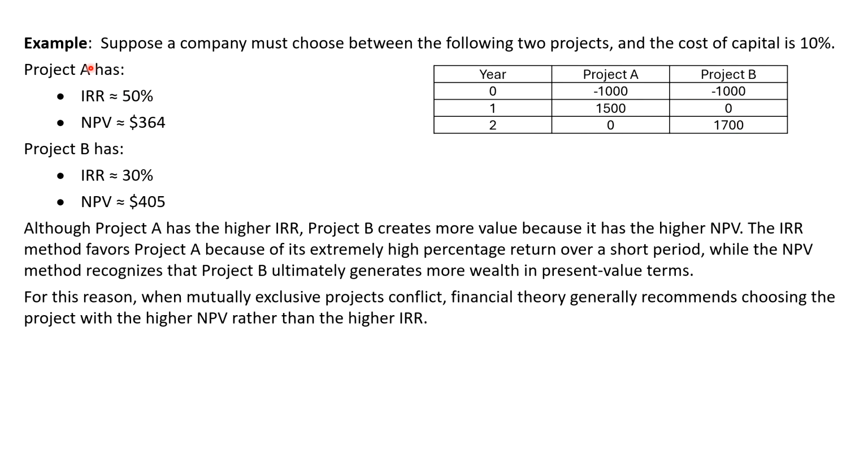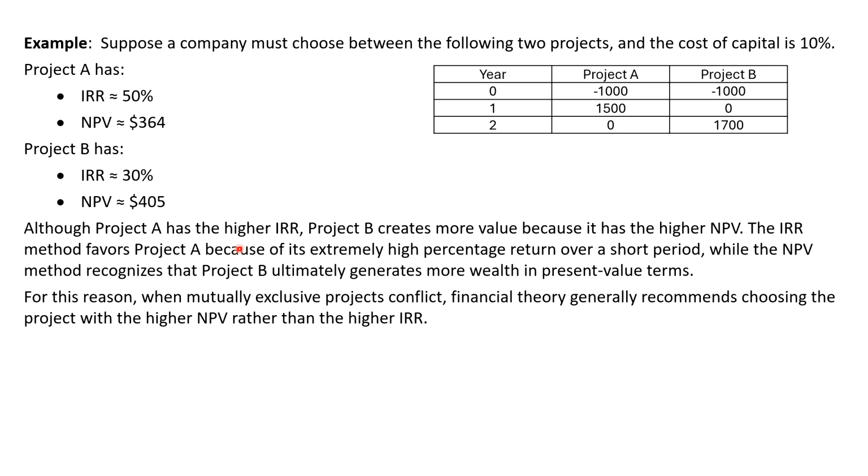If we do the calculations, project A has a higher IRR than B, and B has a higher NPV than A. So although project A has a higher IRR, project B creates more value because it has a higher NPV.